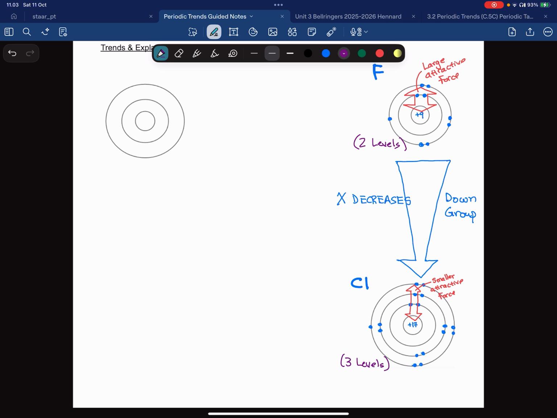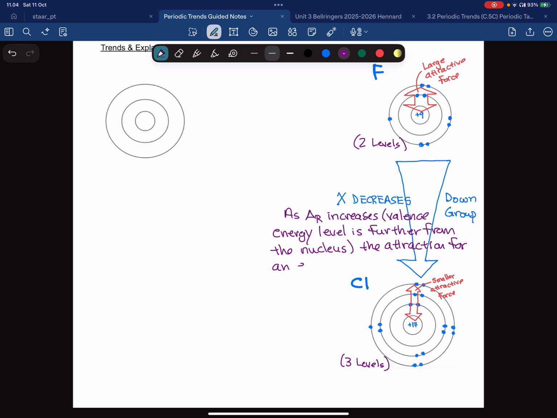So what we can say is that as the atomic radius increases, which is another way of saying that the valence energy level is further from the nucleus, the attraction for an electron decreases.